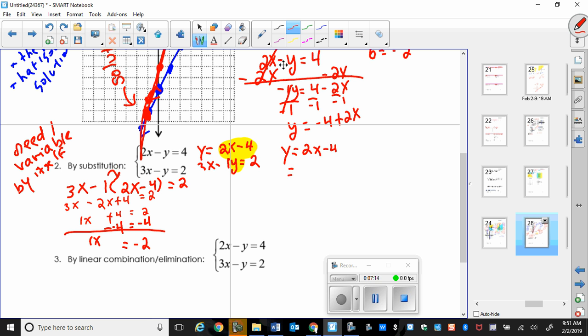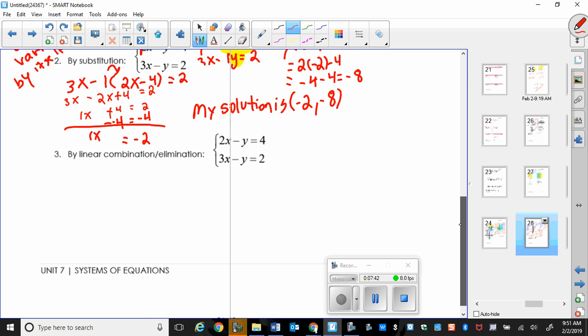So y equals 2 times negative 2 minus 4. This equals negative 4 minus 4 equals negative 8. So my solution by substitution, my intersection, is negative 2 comma negative 8. So we couldn't quite see that above because we couldn't continue past the other line.